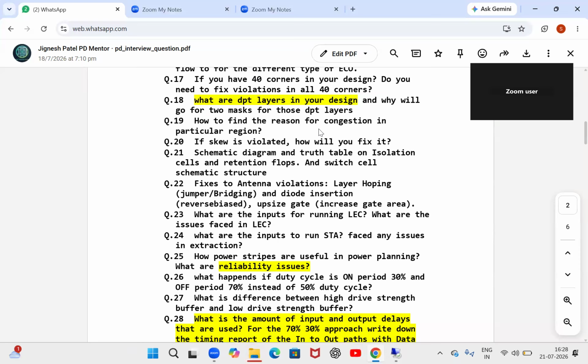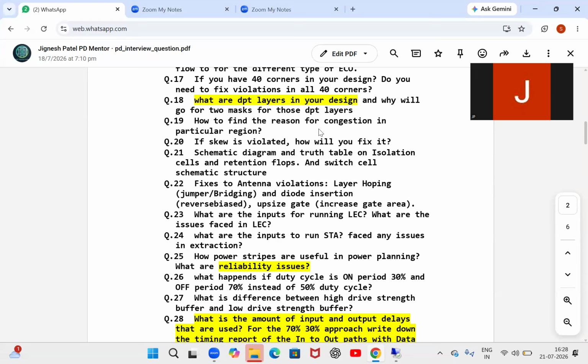Then for power optimization, low drive buffers are only used, right? No, where we are using them is not the question. The question is what is the difference. So high drive buffer and low drive buffer, will power be the same for both, or different? It will be different.